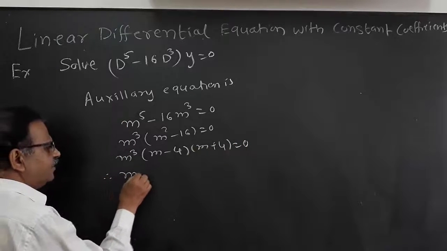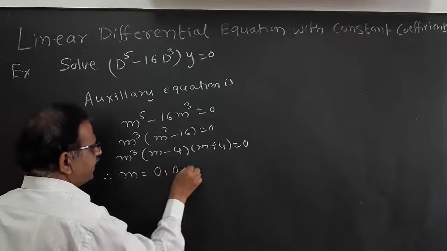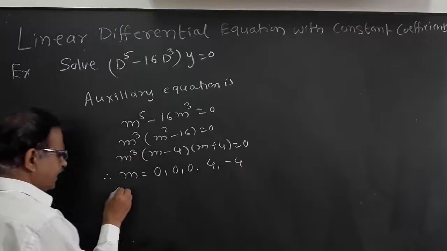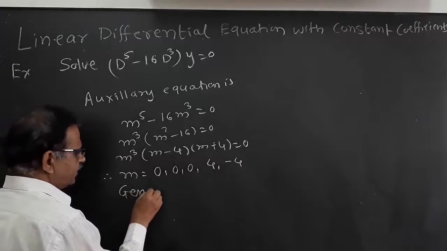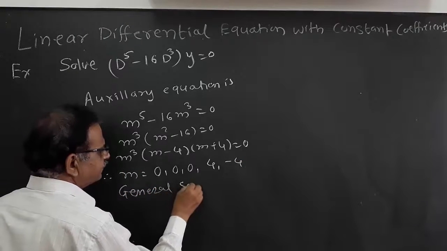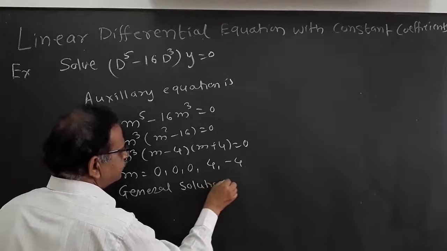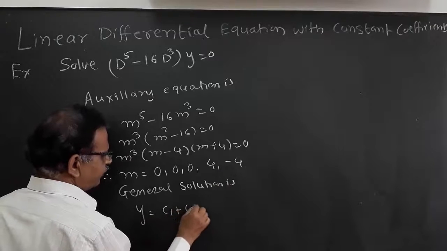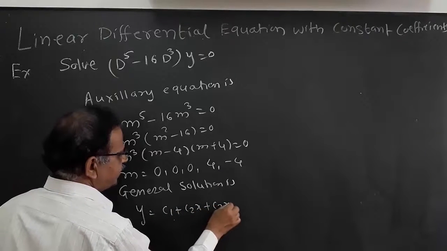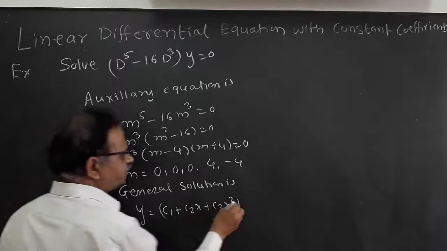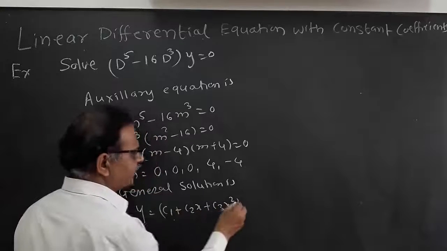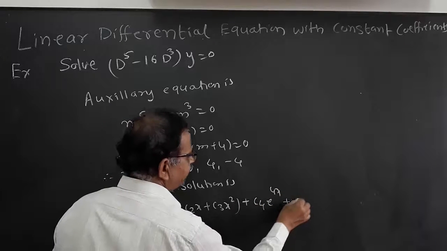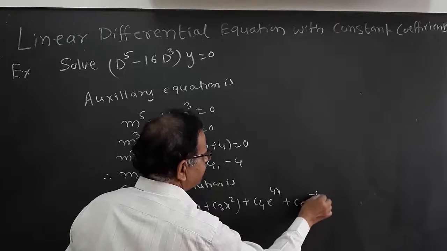Therefore, m equal to 0 is repeated 3 times, 4 and minus 4. And hence, general solution is y equal to c1 plus c2x plus c3x square into e raised to 0x, which is 1, plus c4 e raised to 4x plus c5 e raised to minus 4x.